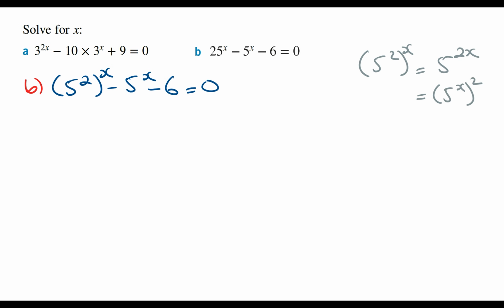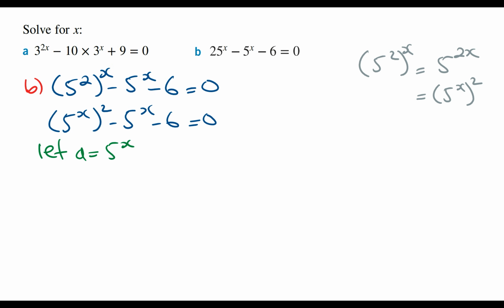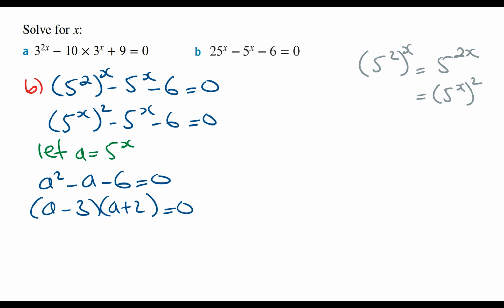And so we can rewrite this as 5 to the x all squared minus 5 to the x minus 6 is equal to 0. And now we can let a equal 5 to the x, and so we're going to get a squared minus a minus 6 is equal to 0. And factorizing this, we're going to get a minus 3, a plus 2 is equal to 0.